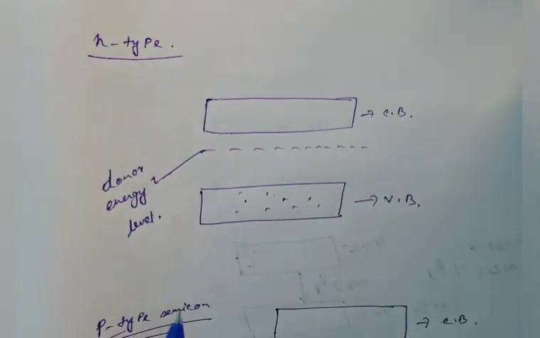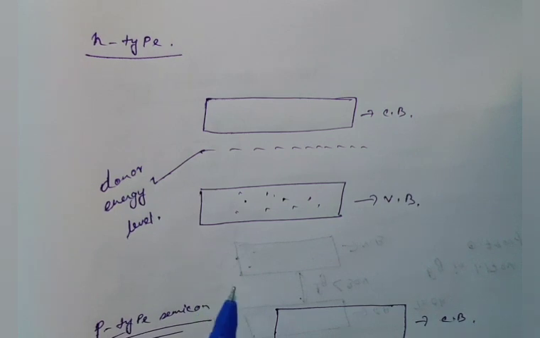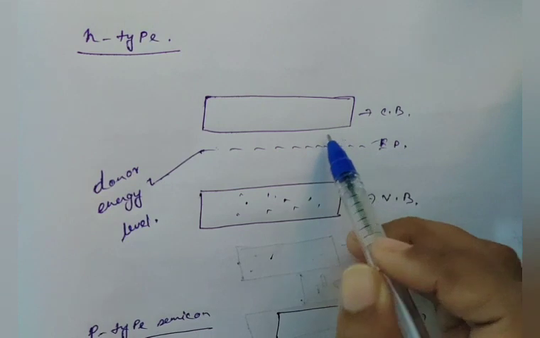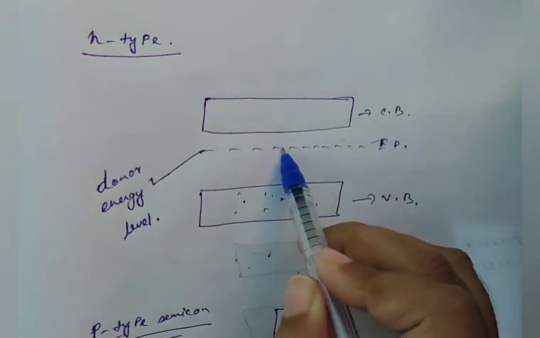So in an n-type semiconductor, a very small energy is required to free the electrons from the donor impurity. So the donor energy level, that is E_D, lies just below the bottom of the conduction band.